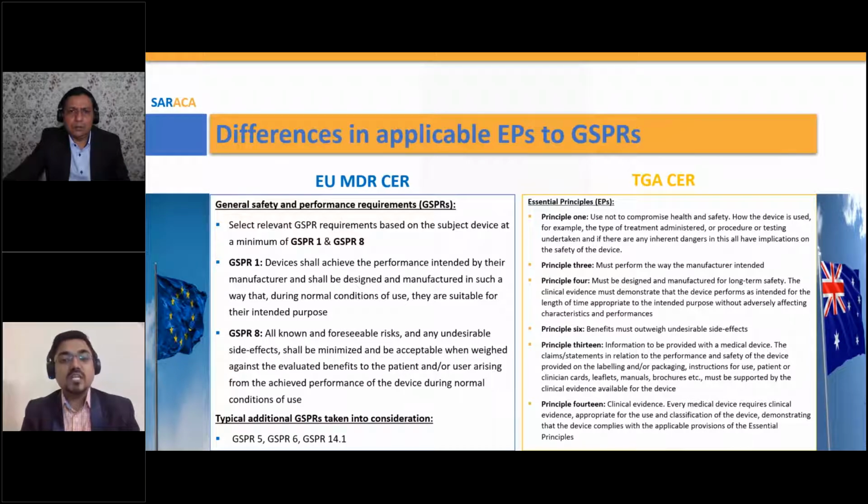This is also a basic requirement where you need to define your device's benefits. You need to see your risk-benefit analysis and evaluate your residual risks. After evaluation of all your residual risks, you need to claim that your device's benefits outweigh the undesirable side effects or the risk. So it's also a requirement of performance and benefit.